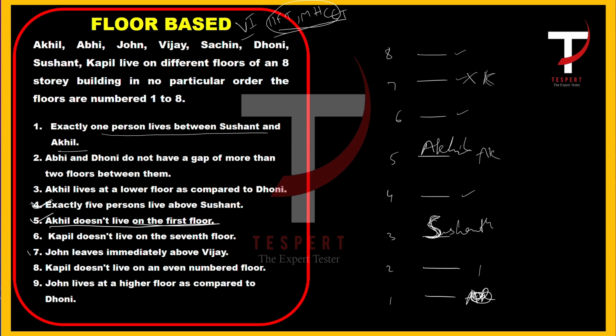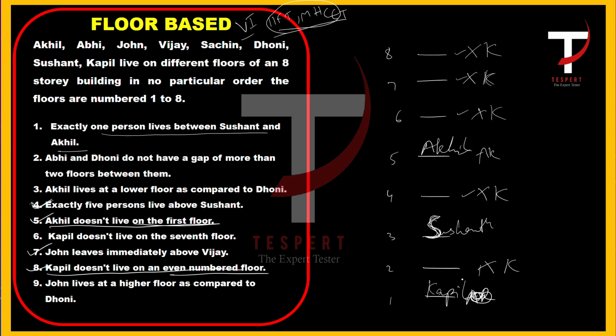And consider eighth statement. Kapil doesn't live on an even numbered floor. So 8 is even, so Kapil doesn't live here. 6 is even, 4, 2, so Kapil doesn't live here, because all are even. So the only floor where Kapil lives is the first floor.